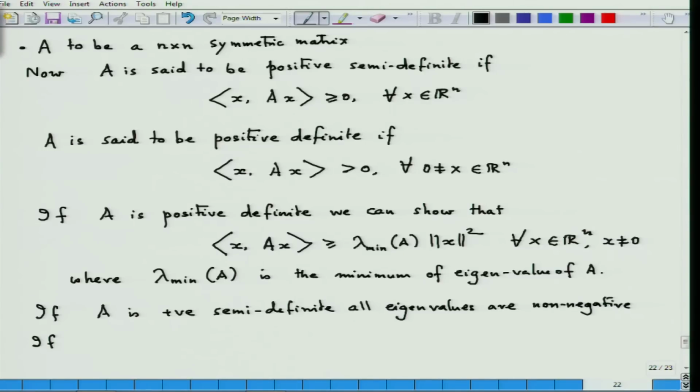These are also two bullet points: if A is positive definite, then all eigenvalues are positive. Of course, these eigenvalues are all real because A is a symmetric matrix.